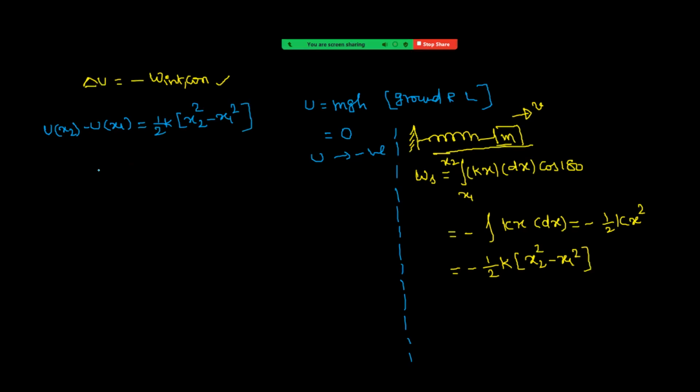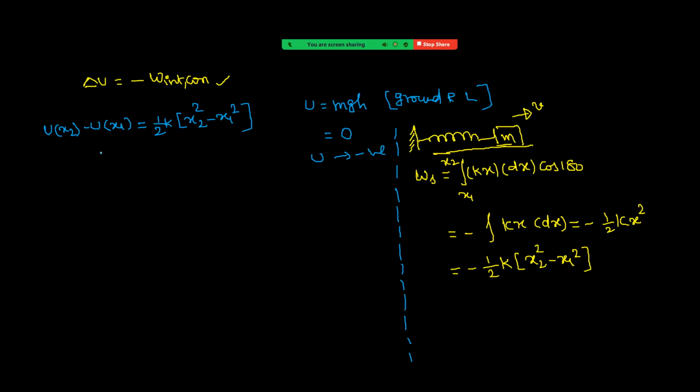Again the logic here is, we know the values of k, x1, x2. That means the value on the right side is known. So U of x2 minus U of x1 is known. But these two values individually are not known. So if we want one of these two values, we have to fix the other value.